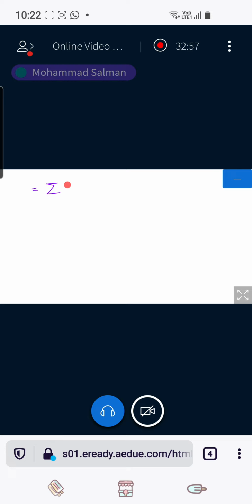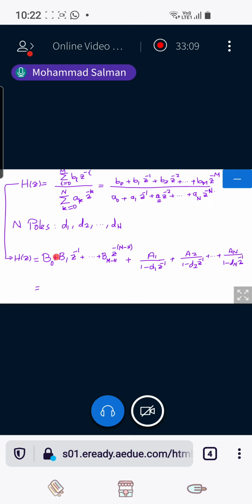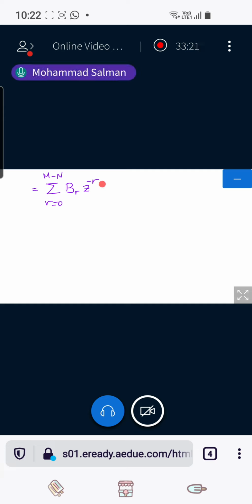Summation of b sub r, z to the power minus r, where r is from 0 up to capital M minus N.